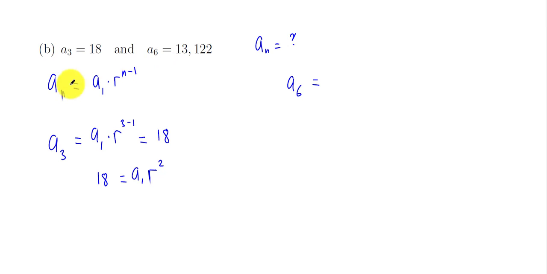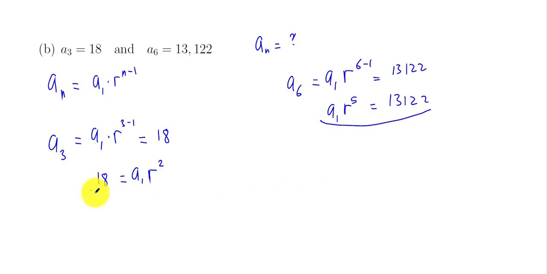So 6 now becomes n. So also have a1 r to the n, which now is 6, 6 minus 1. So I get a6, which is 13122. Now I have a1 r to the 5th power equal 13122.